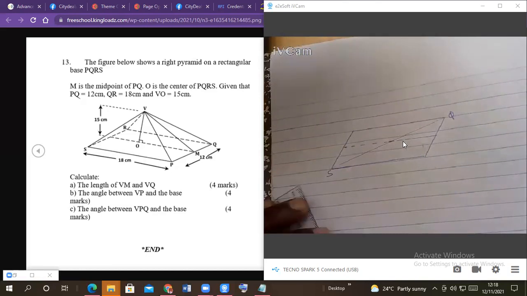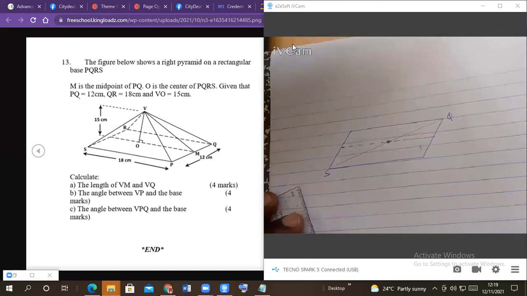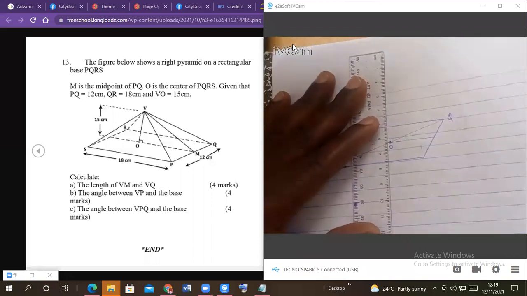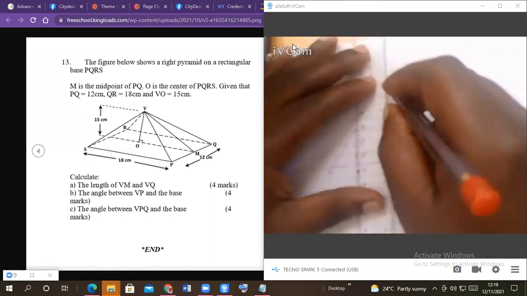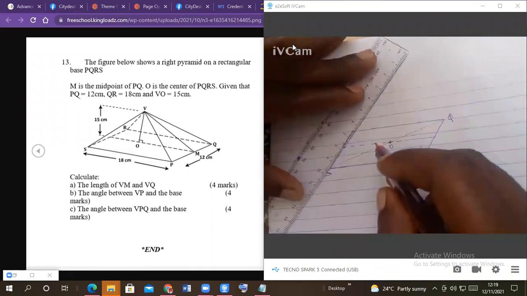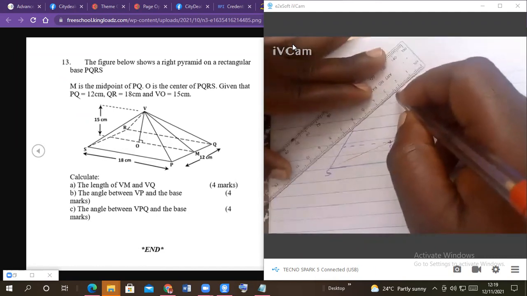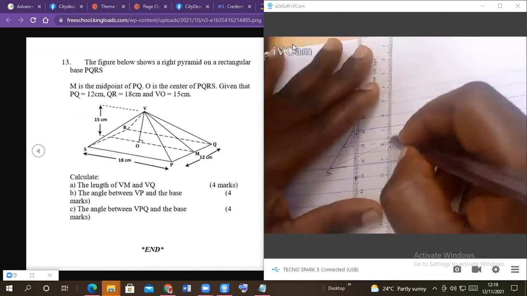So the center is here, that is where we have O. Let me draw it straight, because last time it was a bit confusing for some of you.